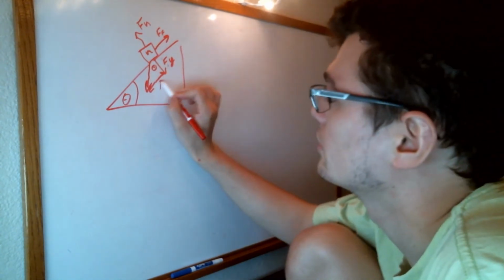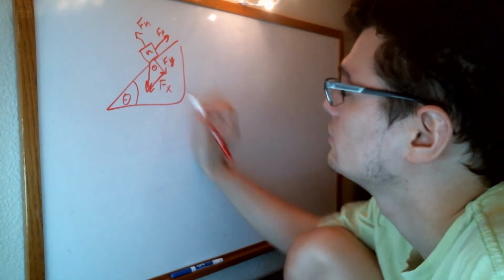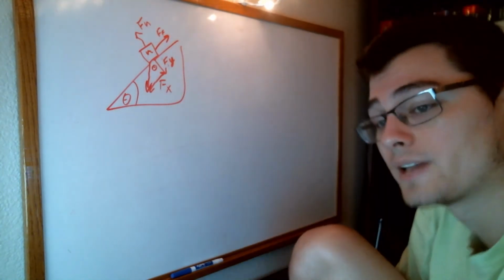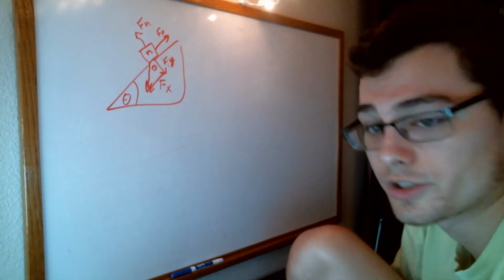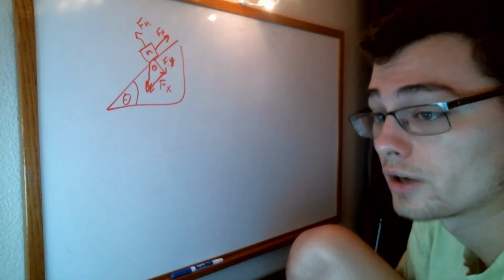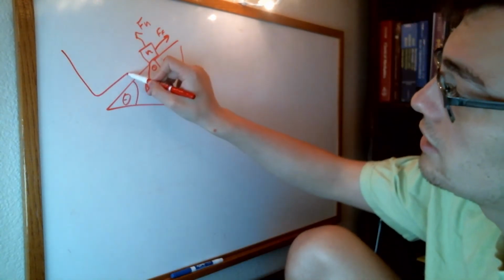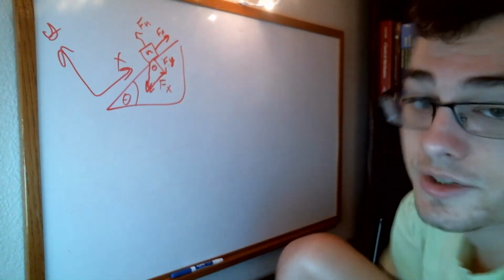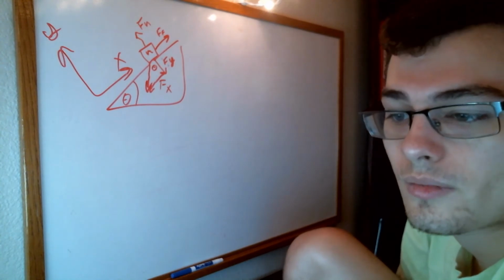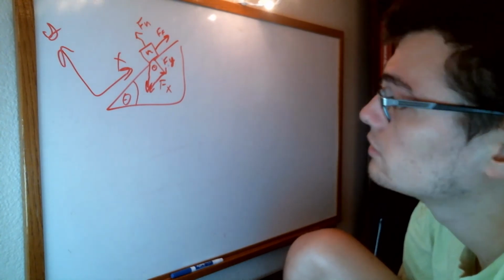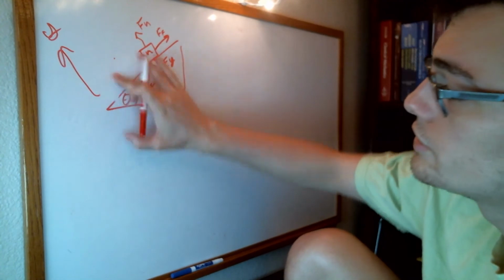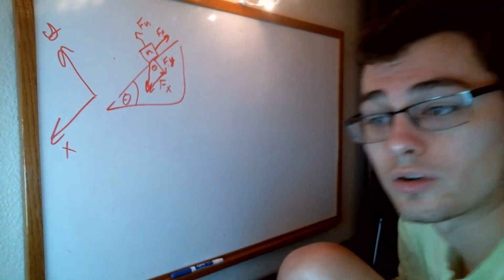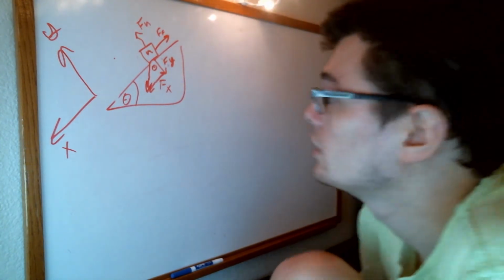We don't really need to say that it's our y component because it's not necessarily pointing downwards; we can twist our coordinate system in any which way we want here. We can say that this is y and this is x, or even if you wanted to, you could say this is x. It doesn't matter. We can define our coordinate system in any which way we want.